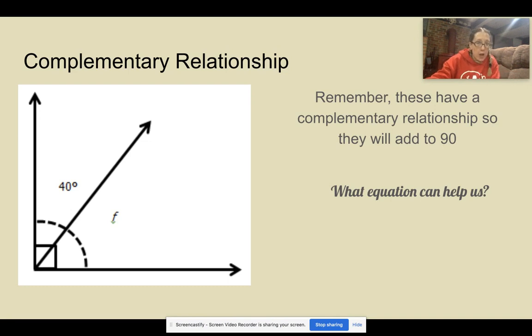What equation can help us figure out this missing angle measurement? I could set up the equation 40 plus my mystery number is equal to 90. Use inverse operations, subtract 40 on both sides, and find that my mystery number must be 50. This angle that we don't know has to be 50 degrees because 50 plus 40 is equal to 90. So that's a complementary relationship.